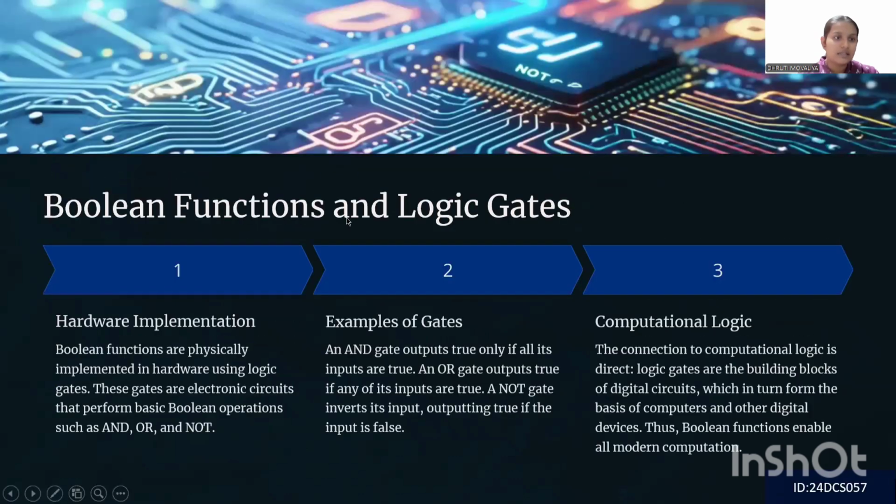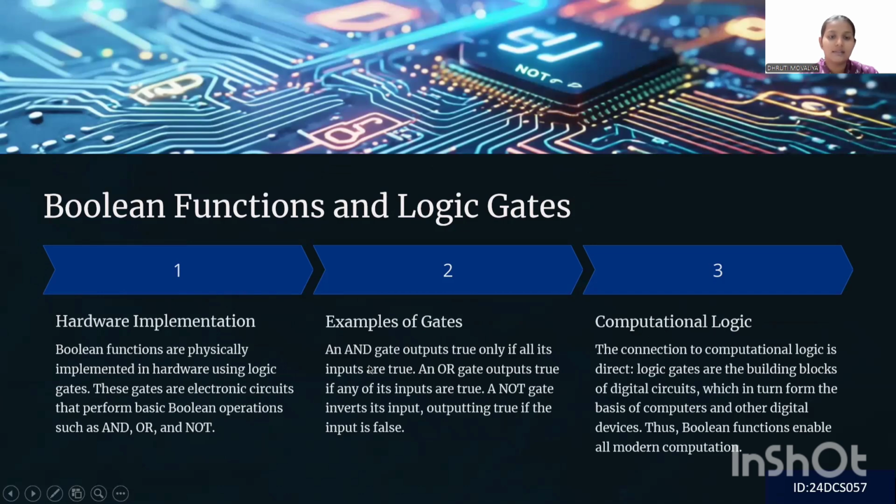Boolean function and logic gates, hardware implementation. Boolean functions are physically implemented in hardware using logic gates. These gates are electronic circuits that perform the basic Boolean operations such as AND, OR, and NOT. Example of gates: an AND gate outputs true if all its inputs are true.